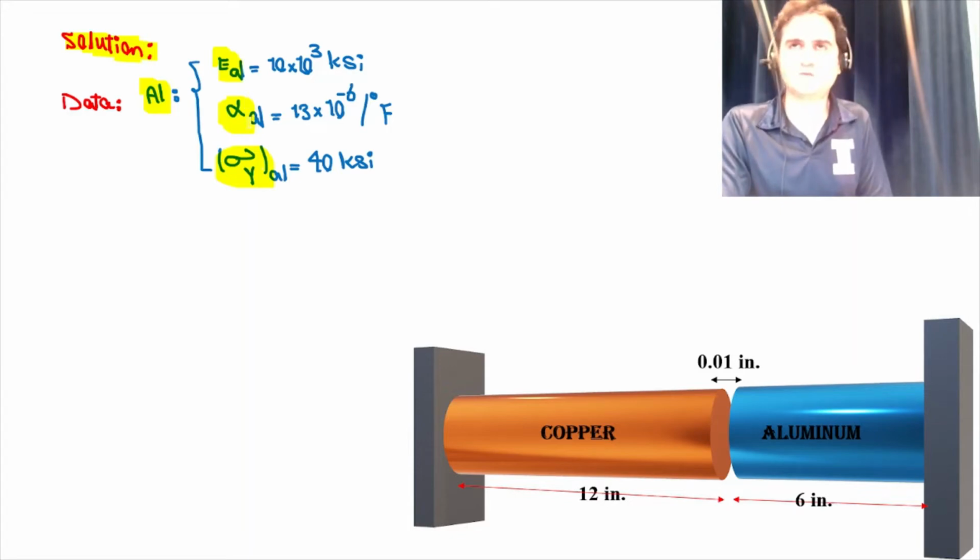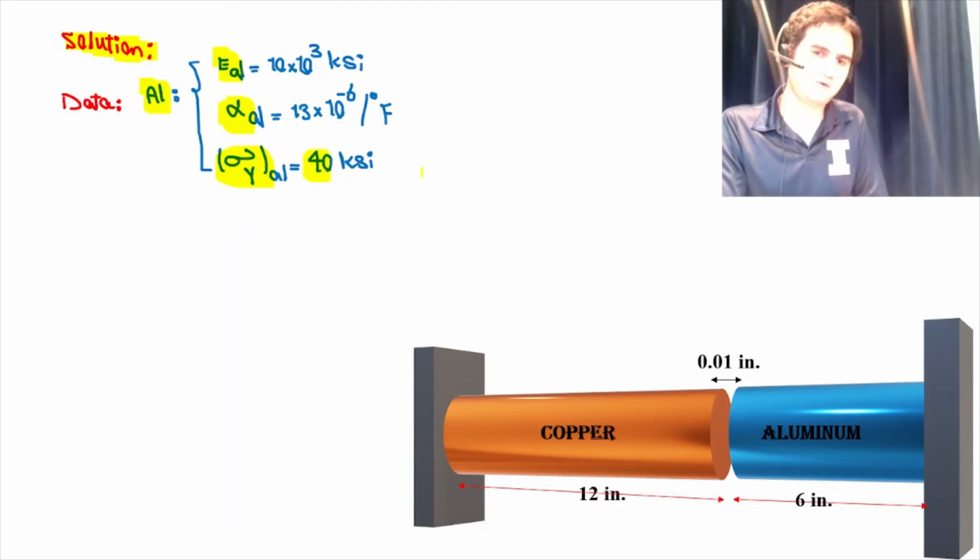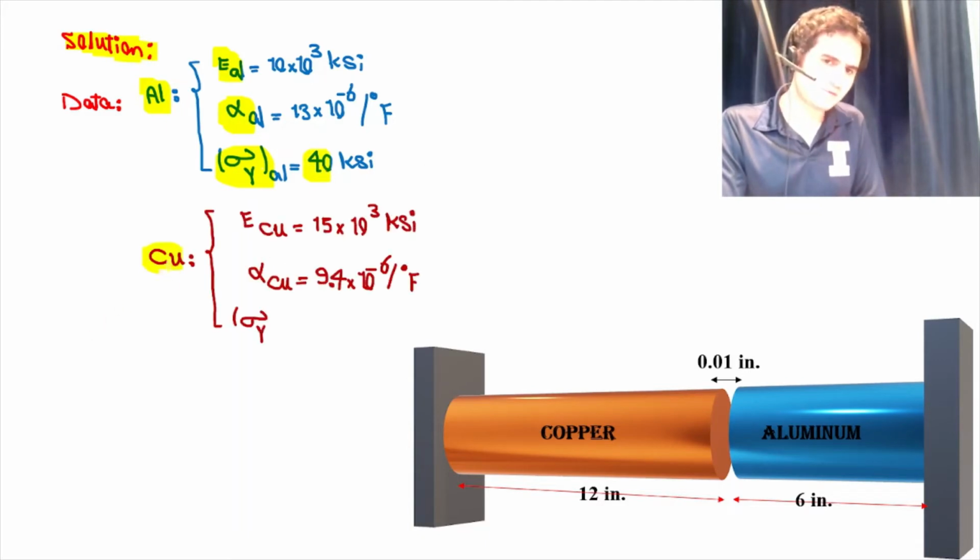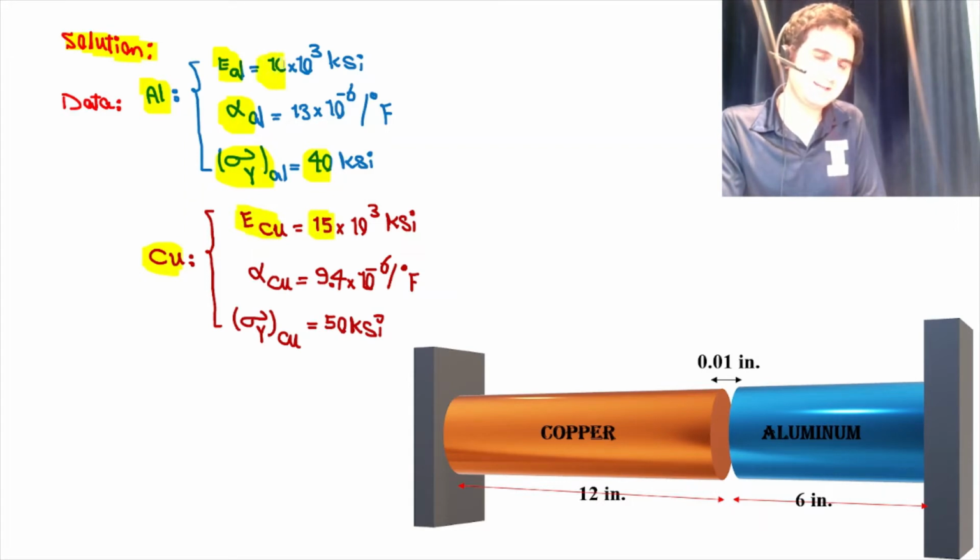Alpha stands for the coefficient of thermal expansion. Sigma y is the yield stress for aluminum, which is 40 ksi. Likewise, for copper, we have the modulus of elasticity, which is a bit higher than aluminum, the coefficient of thermal expansion, and the yield stress for copper.